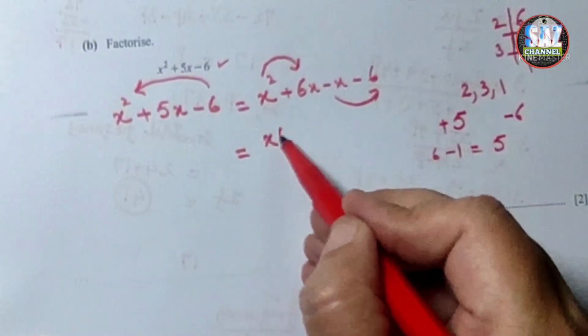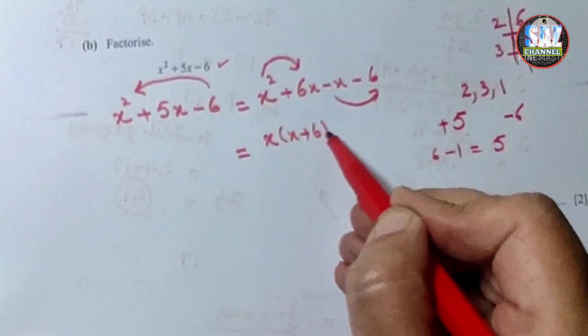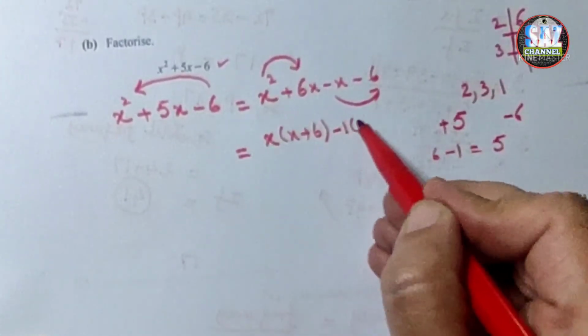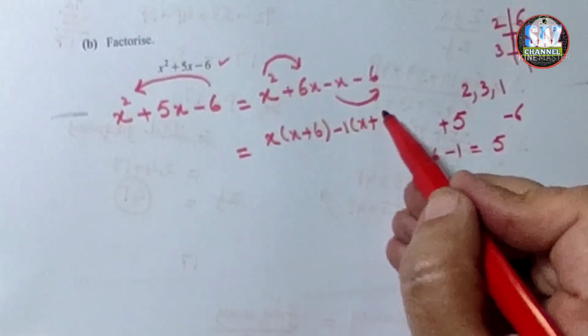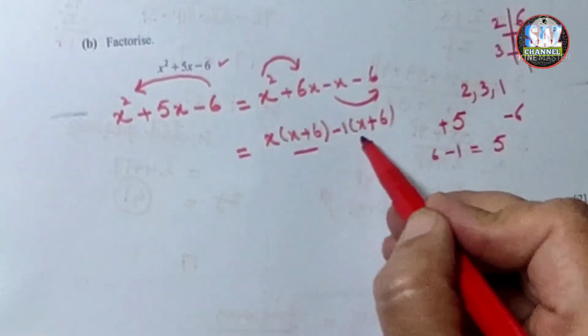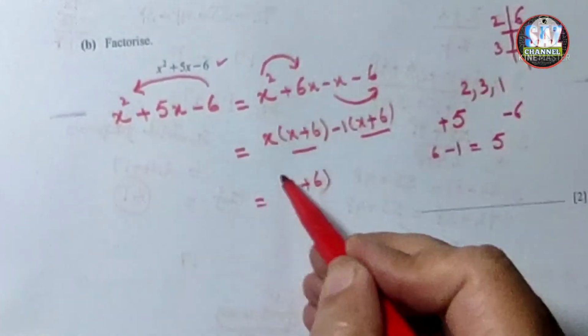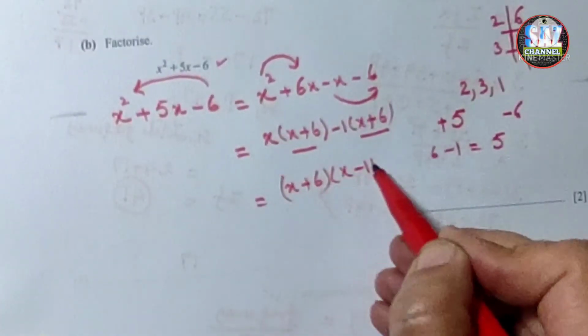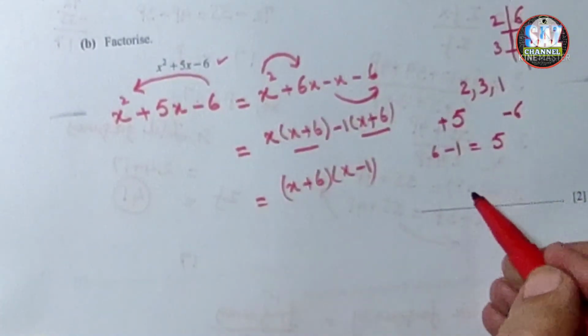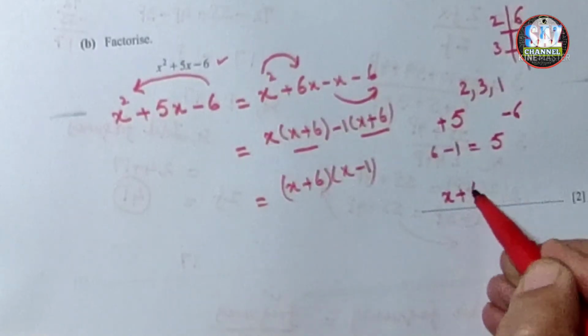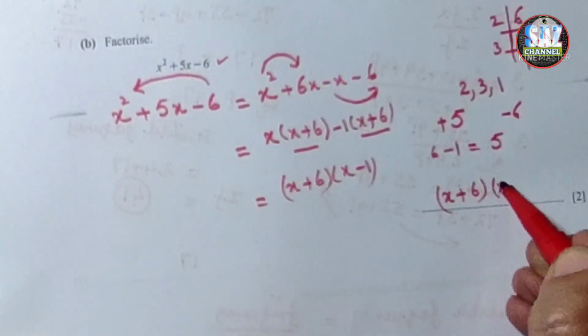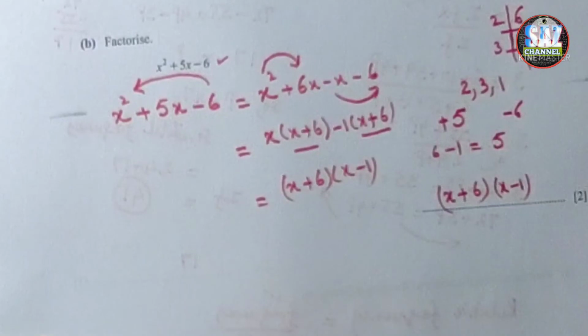This will become x into x plus 6 minus 1 common, x plus 6. Extract the common group out, that is x plus 6. So x plus 6 into x minus 1. I hope these are really easy questions. I'm not finding any difficulty in the solution of this paper. Let's move to the next question.